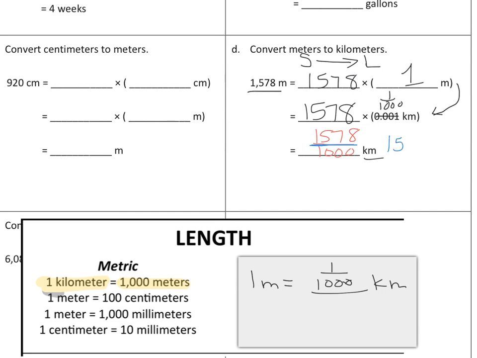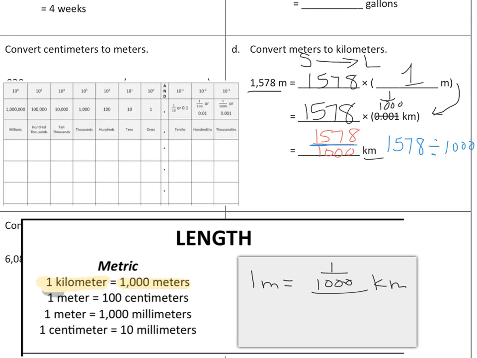So you can also write it as 1,578 divided by 1,000. And hopefully you're doing that as well to show your thinking and show your work. I'm going to pull back that place value chart because I feel like it's very beneficial to make sure that we get the right answer. That we're going to take 1,578 and divide it by 1,000.